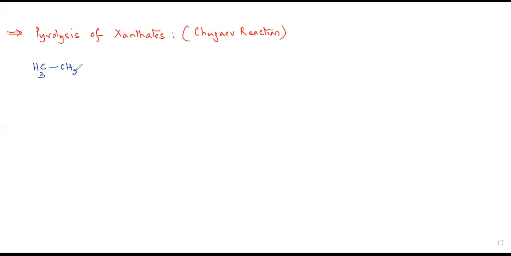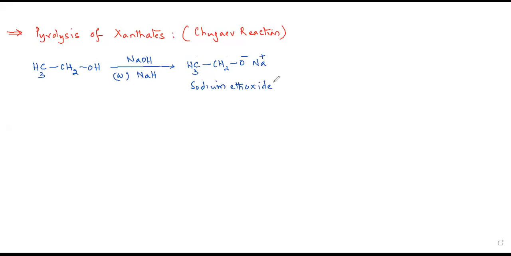Let us start with ethyl alcohol. Ethyl alcohol reacts with sodium hydroxide, a base, or else you can treat it with sodium hydride also. Upon which you get sodium ethoxide. So this is sodium ethoxide. Okay.